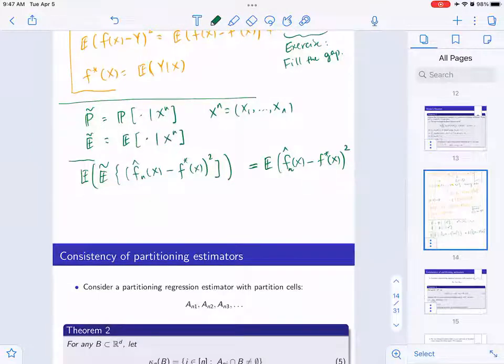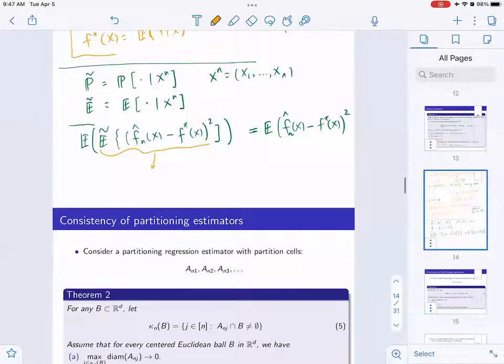The strategy when I deal with this is that, because this x is independent of everything else, I'm going to first analyze this under just a deterministic point.